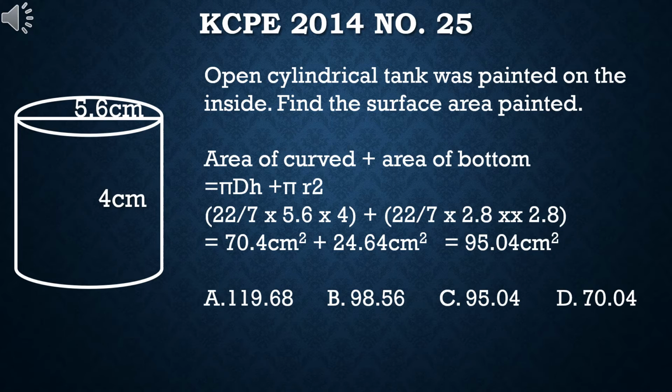So pi, which is 22 over 7, times radius times radius: 22 over 7 times 2.8 times 2.8. These two give us 70.4 plus 24.64, which is 95.04. So in this question, you only find the surface area of the curved part and the bottom, the pi dh and the pi r squared.